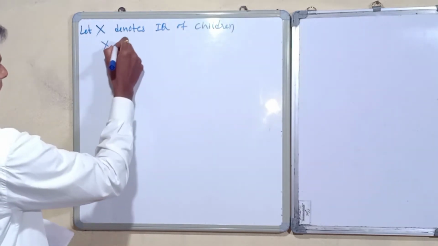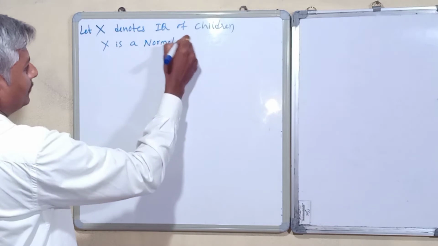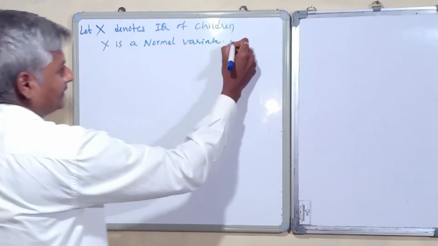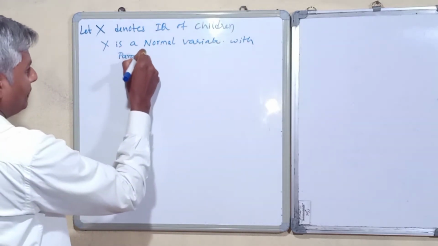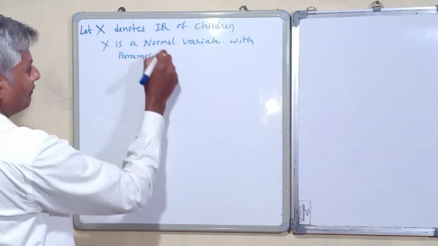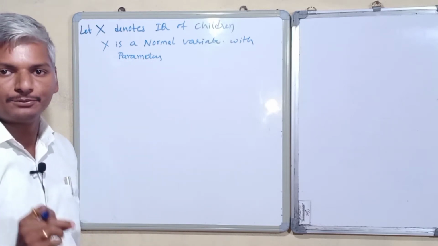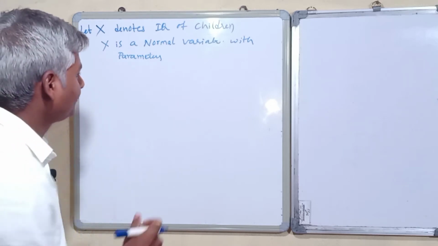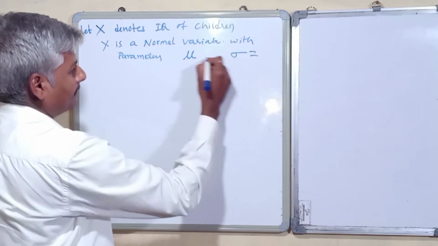Then x is a normal variate with parameters. You already know we have two parameters for the normal distribution, that is mu and sigma.